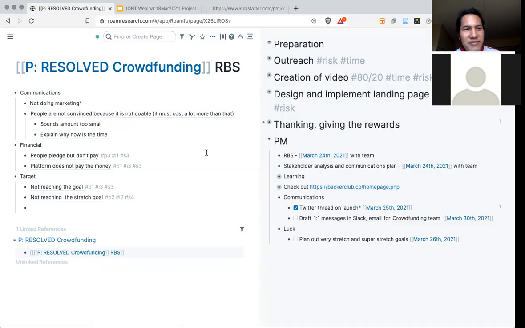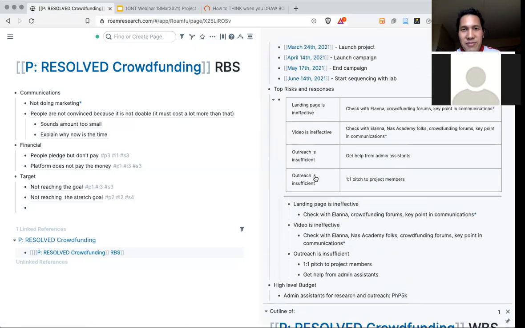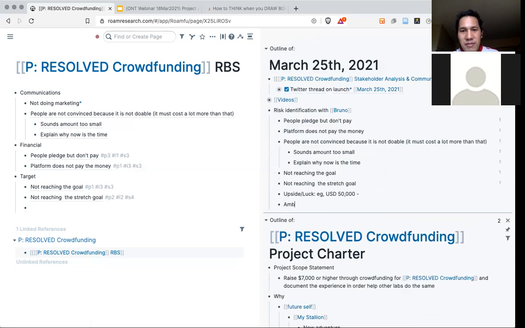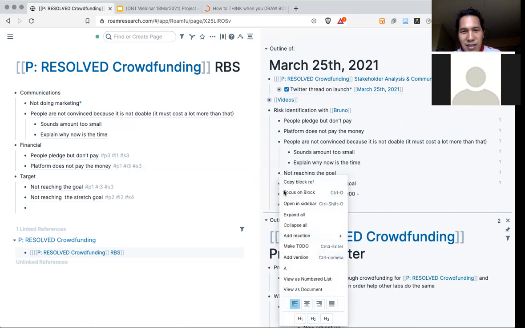That's a good risk to add. We are leaving something on the table. Yeah, you are leaving money on the table.